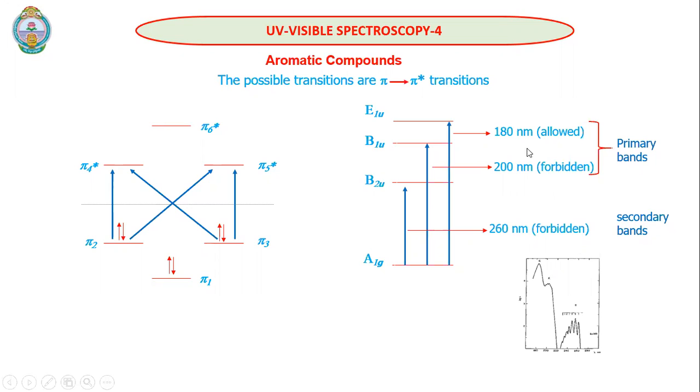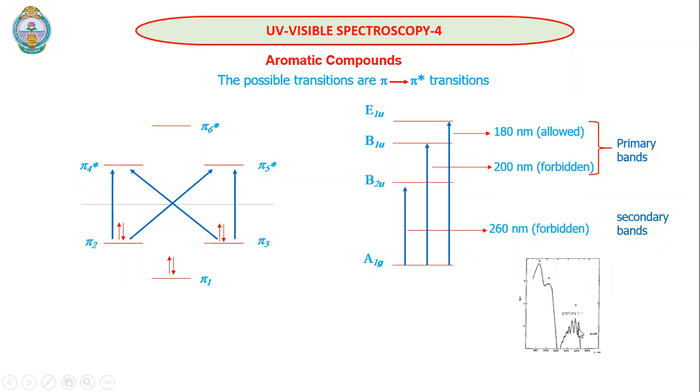Among the primary bands, 180 nanometers is allowed, 200 nanometers is forbidden. Similarly, 260 nanometers is forbidden. Sometimes it is possible to have these forbidden bands in the UV visible spectrum. So you can see a model UV visible spectrum. The peaks with highest intensity are called allowed transitions, whereas peaks with lowest intensity are called forbidden transitions.